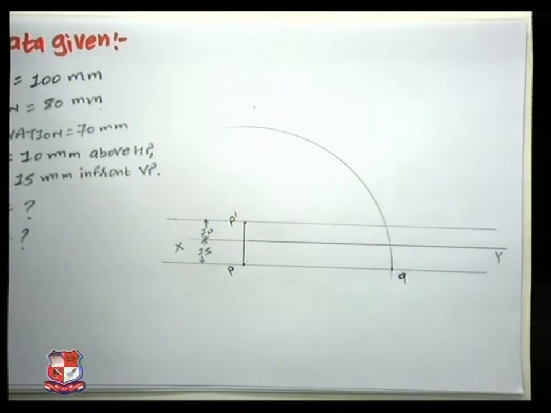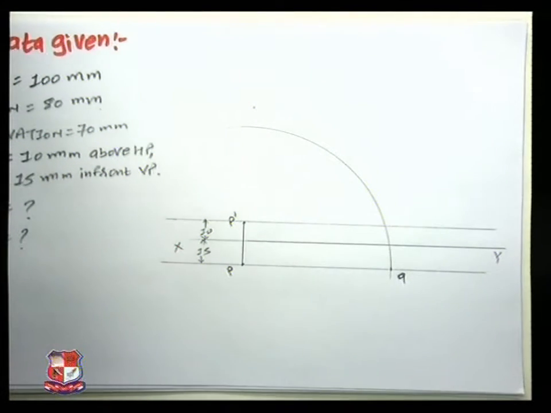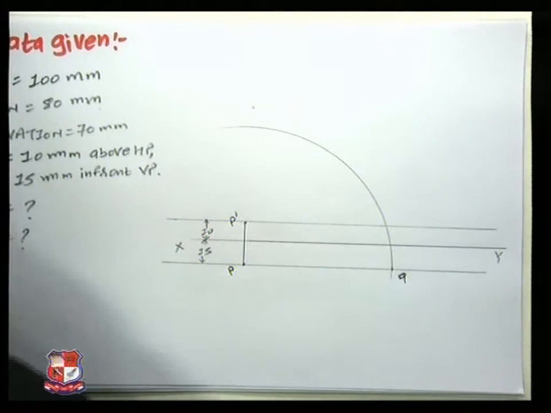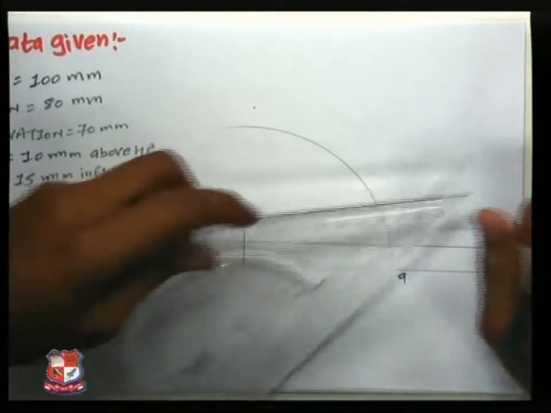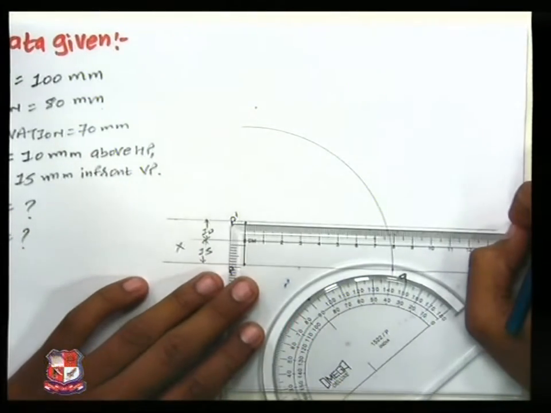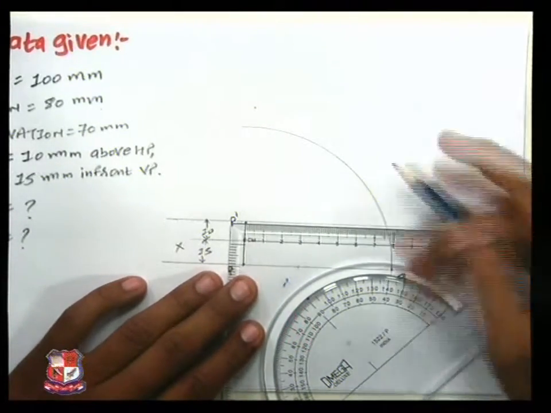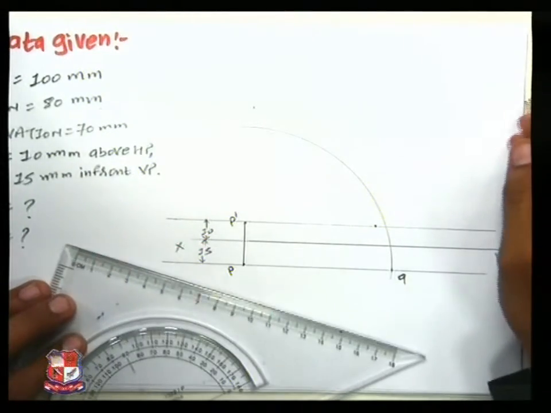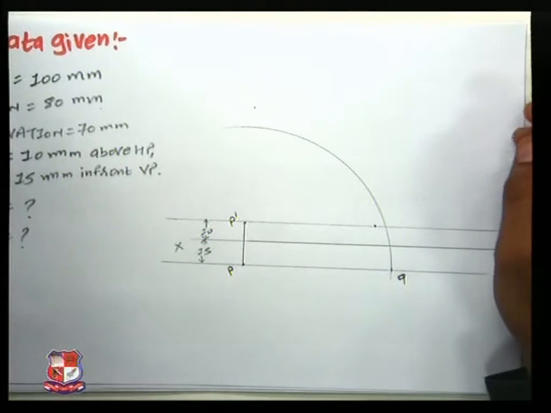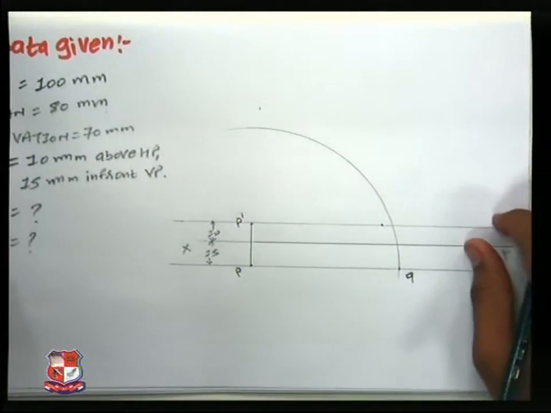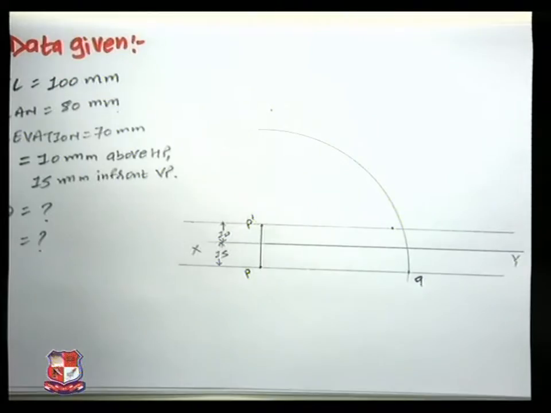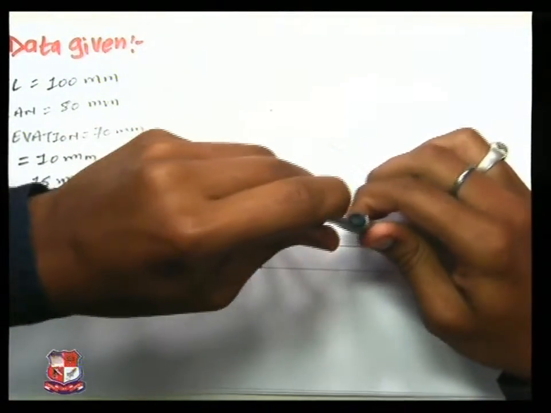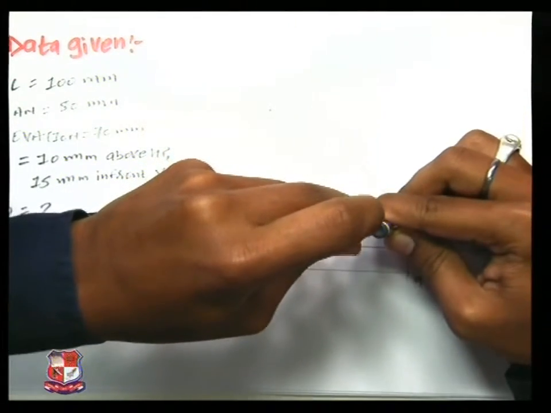Same way, marking a point at 70 mm as the elevation, naming it as small q dash.